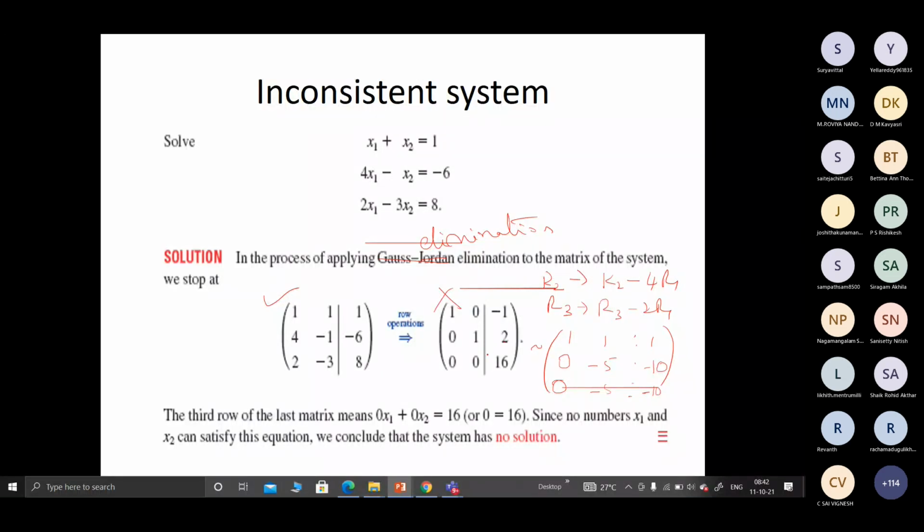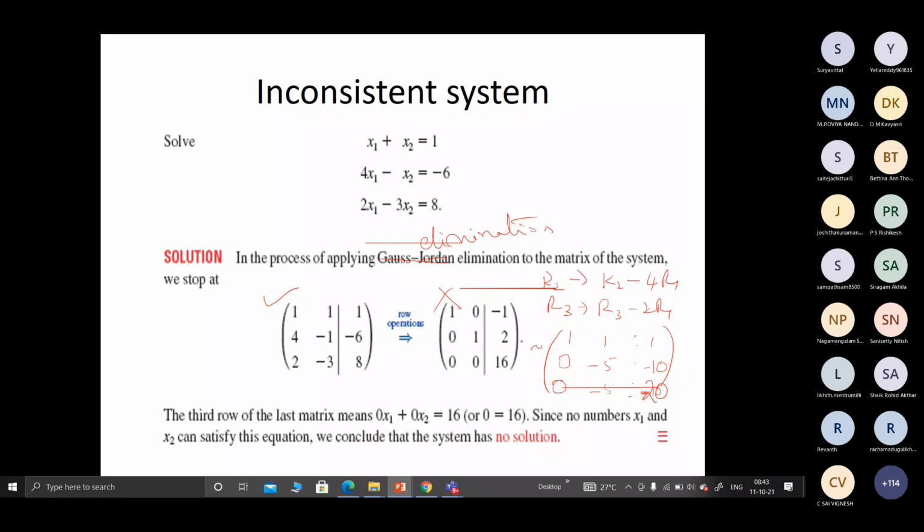See, 2 into 6, 12, 20, right? Here it is 20. 8 minus of minus.